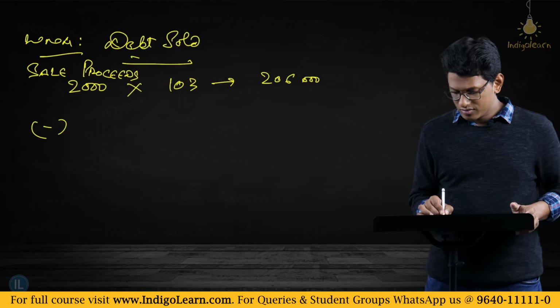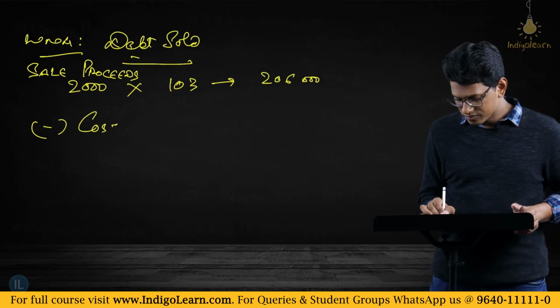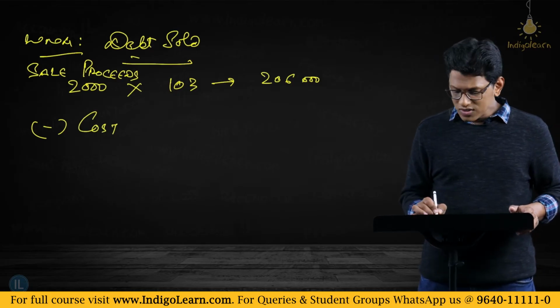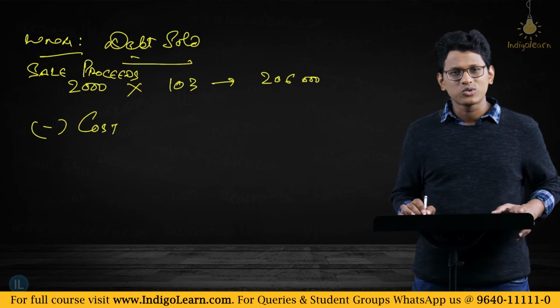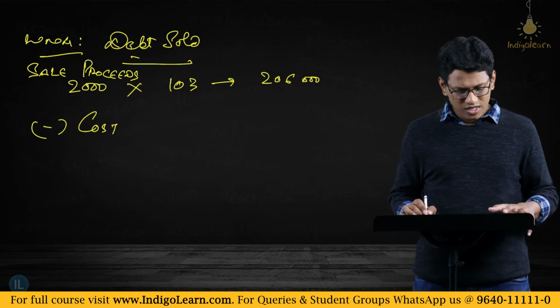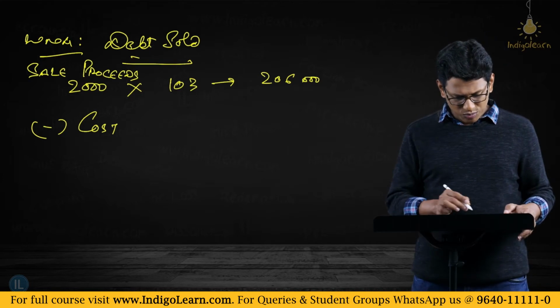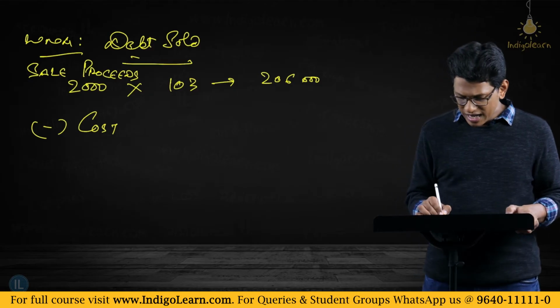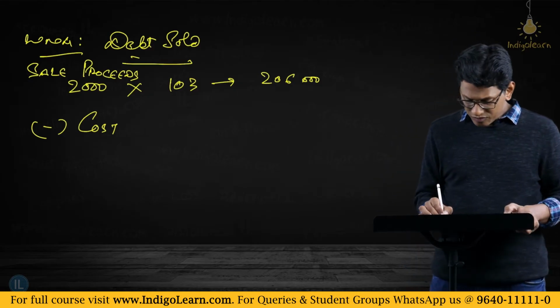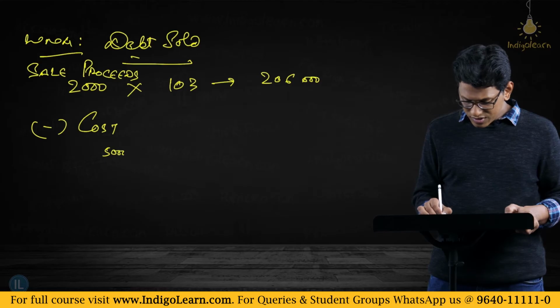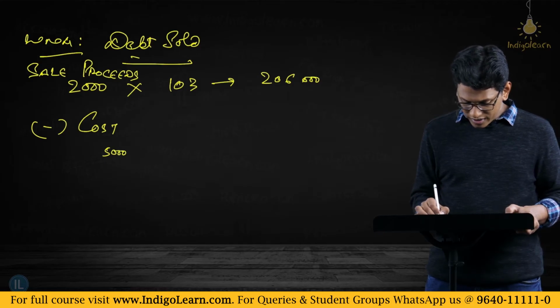Okay. Now cost. Cost you need to calculate using the average cost principle. So by applying the average cost principle, just look at this. We have in the question 5,000 debentures we acquired at 5,19,375.